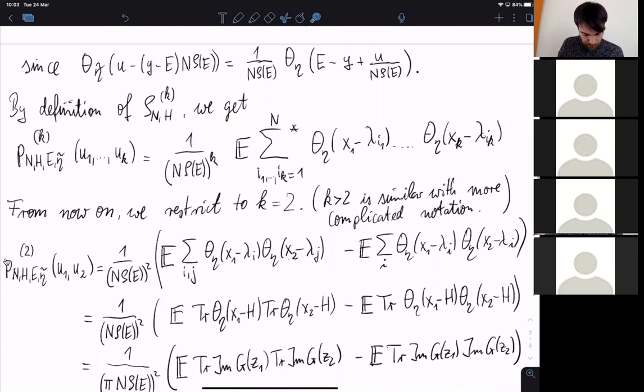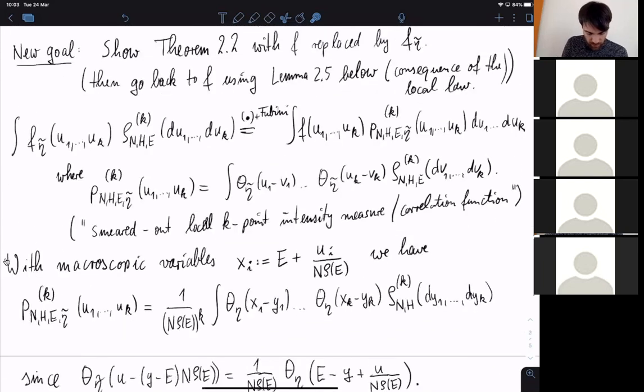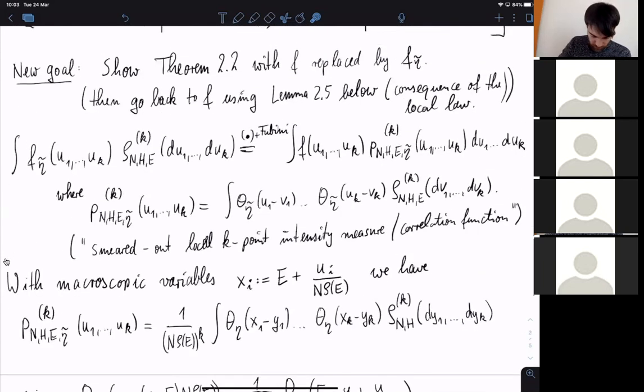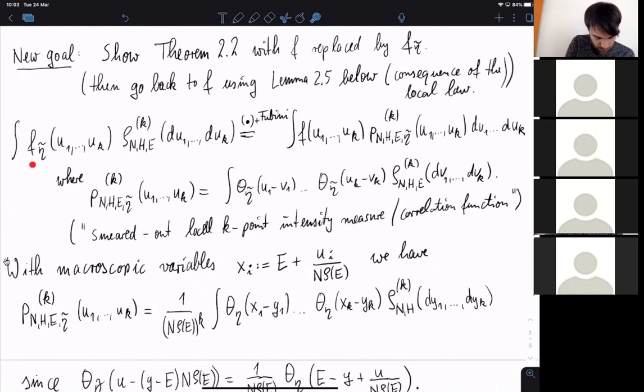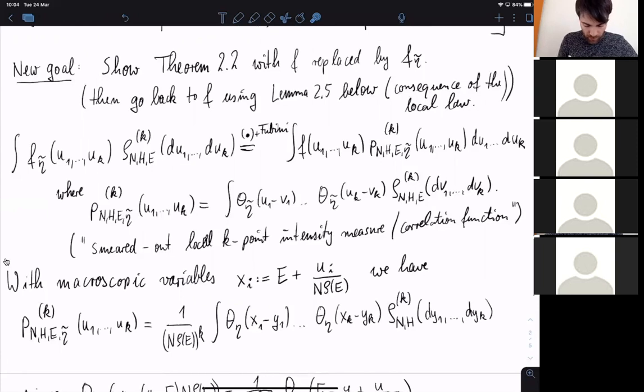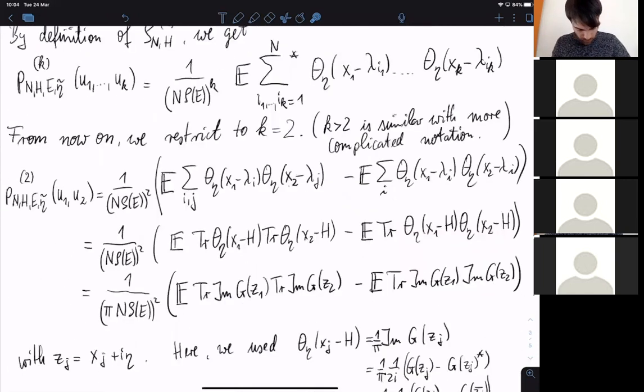On the other hand, if I test this function f eta tilde against the local k-point intensity measure, then I can rewrite it as testing f against this function p. So from lemma 2.5 and this computation which we did here, we immediately get this new goal. Let me write this down.